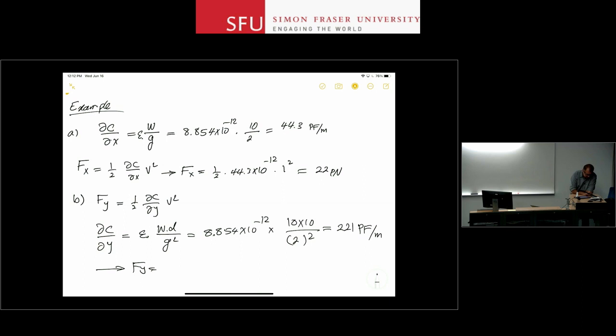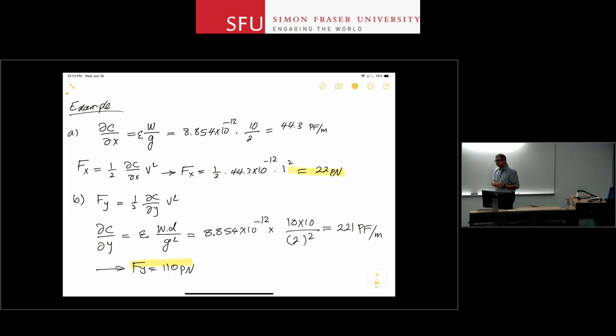And right away you can see it's about 5 times larger. So when you do the calculations for Fy, you will see a force that is equal to 110 piconewtons. So the force that we get here is about 5 times the force that we get there.